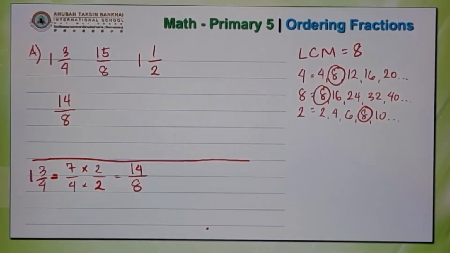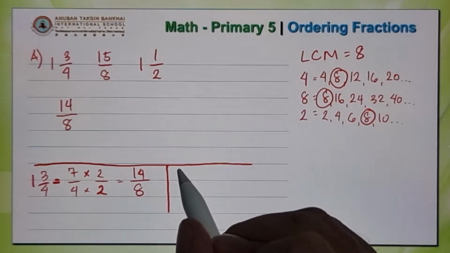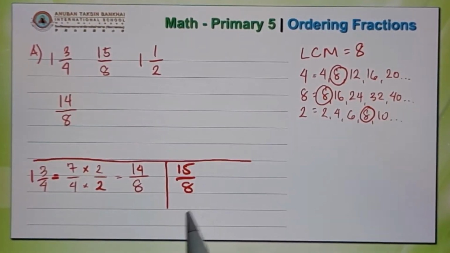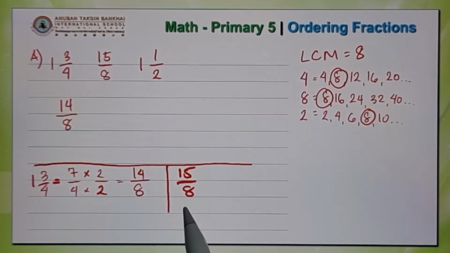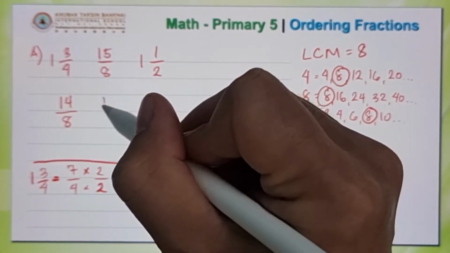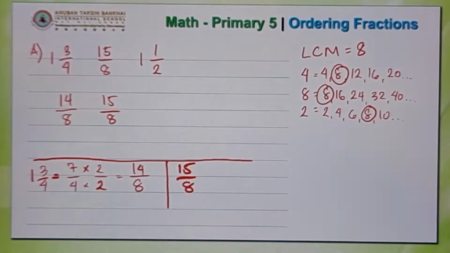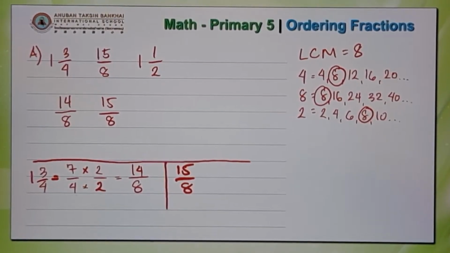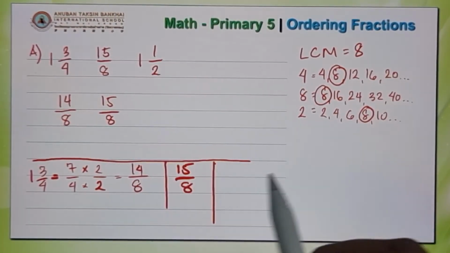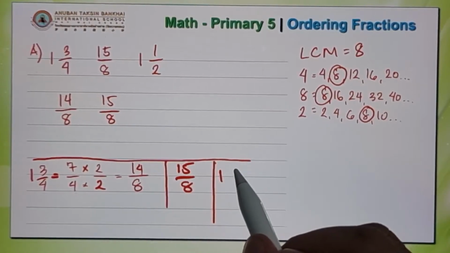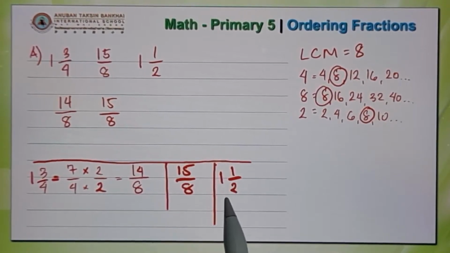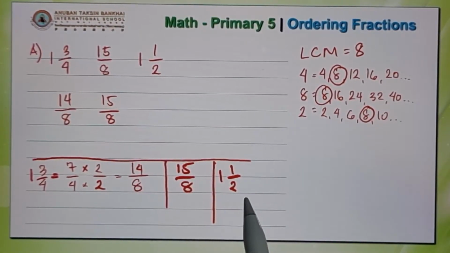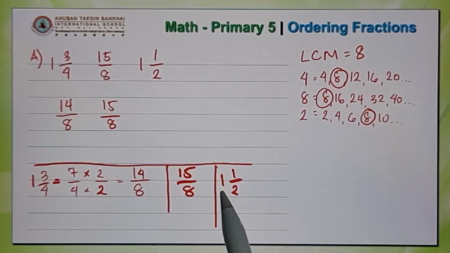Okay, next, we have 15 over 8. Now, our denominator is already 8. So I think we don't need to change this one. So 15 over 8 will still be the same 15 over 8. Okay, next, we have here 1 and 1 over 2. So let's change this mixed number to improper fraction. So we have 2 times 1 is equal to 2, plus 1, we have 3.